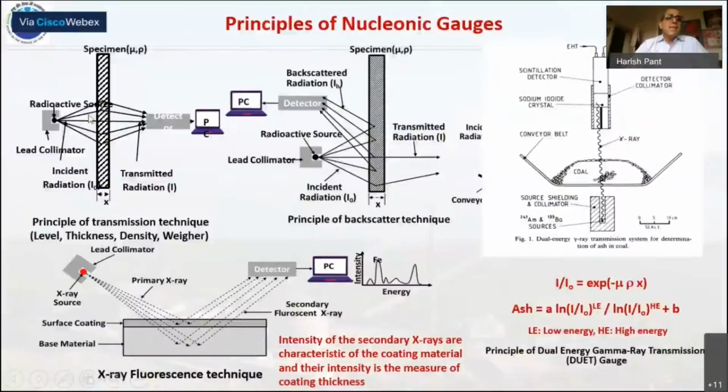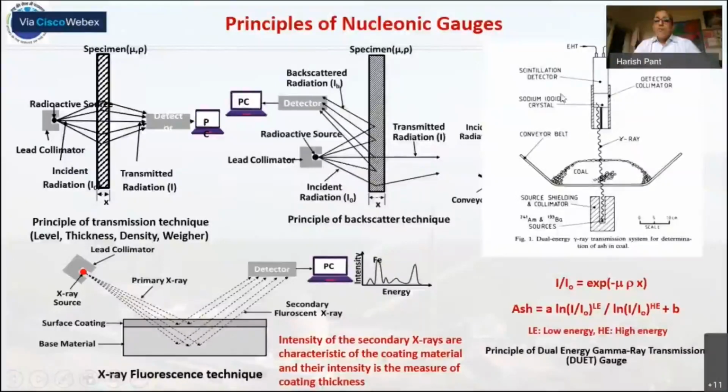But in the transmission gauges, the source is on one side and the detector is exactly on the opposite side in the same plane. The main advantage of the backscatter gauges is that if in some cases you do not have access to the other side of the object, one can use backscatter. So this is the principle of the backscatter gauges.